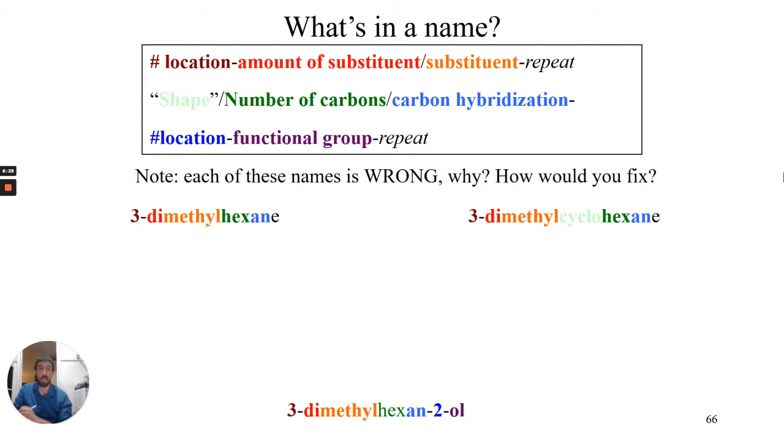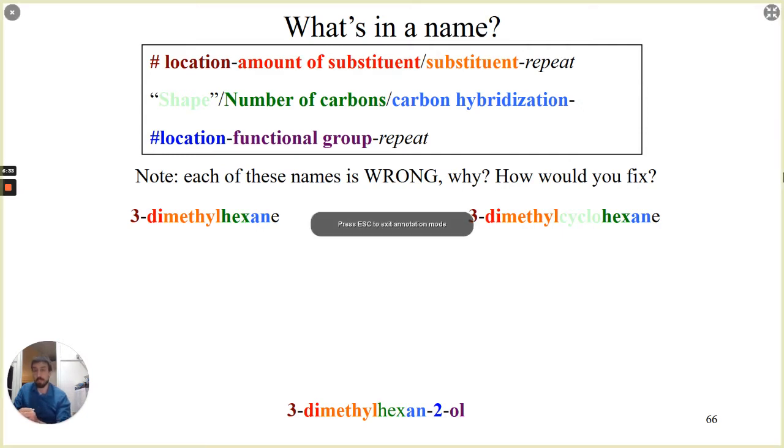So let's take a look at the first one on the left, okay? How I would break this down is to start with the number of carbons in our root structure. So we're looking at a hex, okay? I don't see that shape acronym coming out of it, and that shape would be a cyclo. So I'm going to go straight chain.